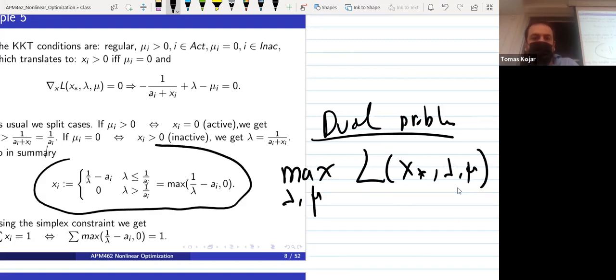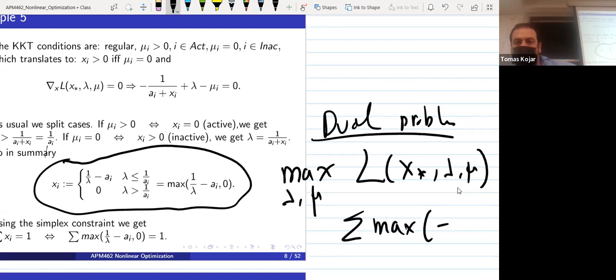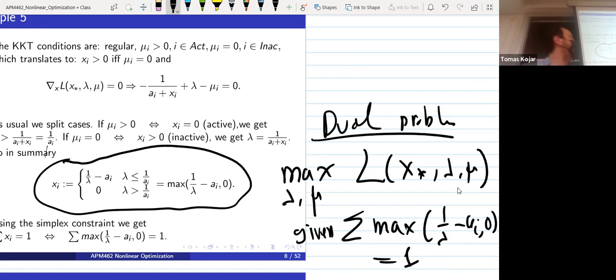Plug in this guy. Oh yeah, and given the constraint maximum 1 over lambda minus AI, 0 to 1. So that's the dual problem of that other one. I mean, it's disgusting, but I just want to write it down. Okay, all right.